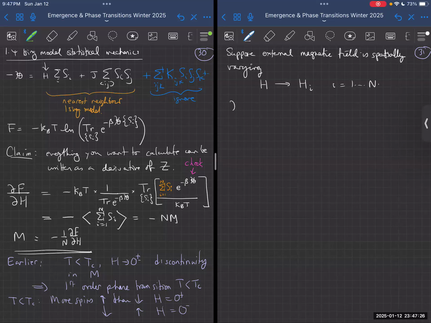So my Hamiltonian would look like this: minus the sum from i equals 1 to n of h_i S_i, minus J times the sum over neighbors i, j of S_i S_j. So that would be what my Hamiltonian would look like.